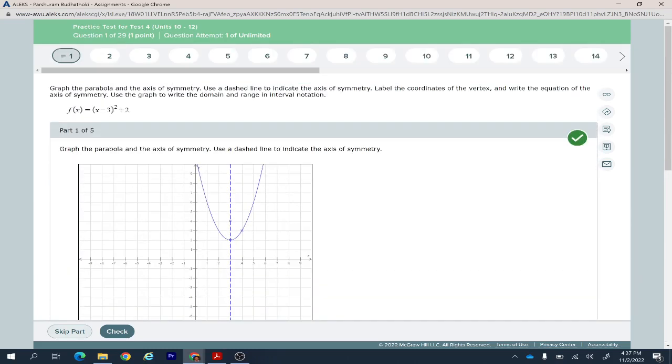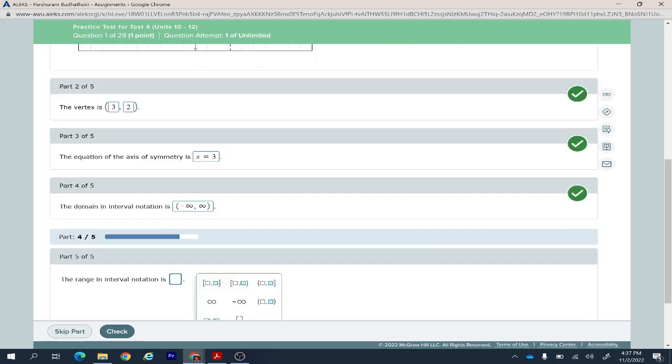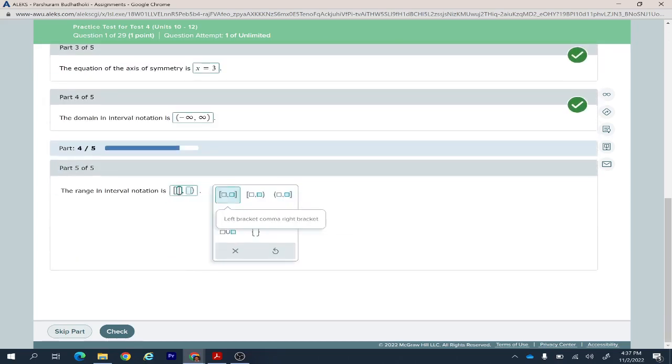So the minimum y value, as you can see, is 2 and goes up. So whenever you are facing a parabola, the range starts from the y coordinate of the vertex, which is 2 in this case. So 2 to infinity, including 2. Okay, so don't forget that it's including 2 and goes up. So that's 2 to infinity.